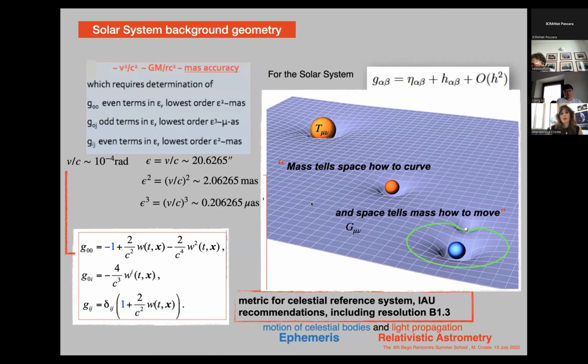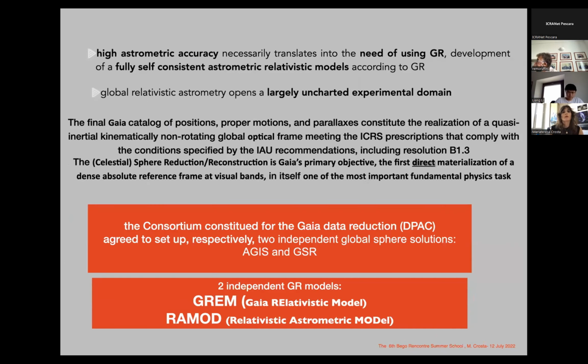And if we would like to have 1 microsecond accuracy for the geodesics, we have to keep terms of the metric, the off-diagonal terms, which include the velocity of the solar system bodies. So high astrometric accuracy necessarily translates into the need of using general relativity, and the development of fully self-consistent astrometric relativistic models according to general relativity.